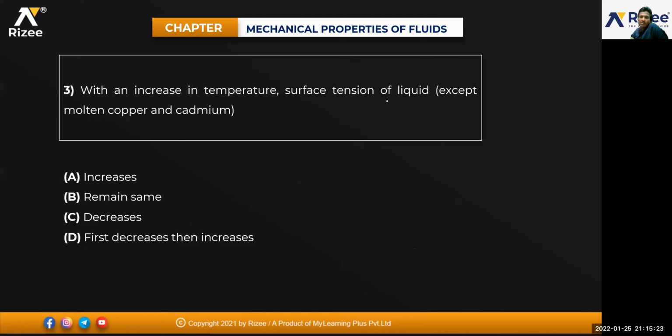With an increase in temperature, the surface tension of the liquid, except molten copper and cadmium, what happens? Increases, remains same, decreases, first decreases then increases. You should give me the answer, Rita.